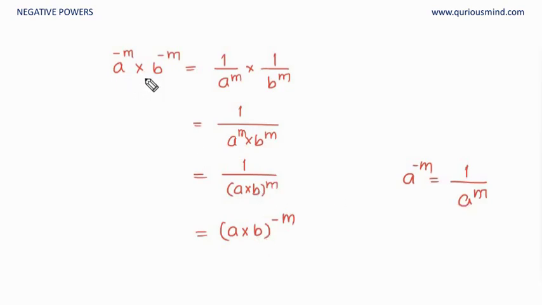And we see that the law stays the same even for negative powers. So what we have seen here is that the exponent laws which we learned last year hold true even for negative powers.